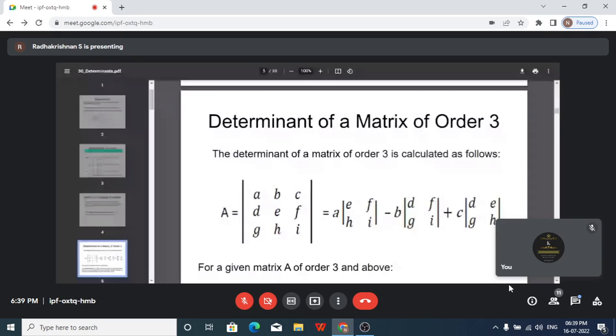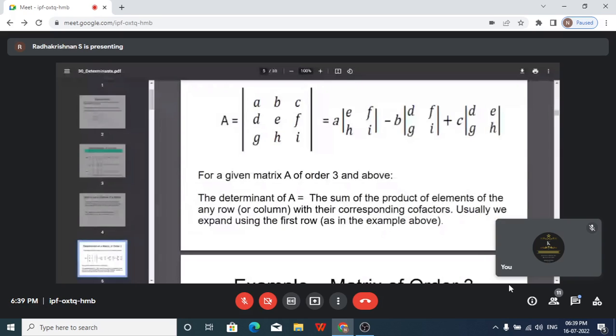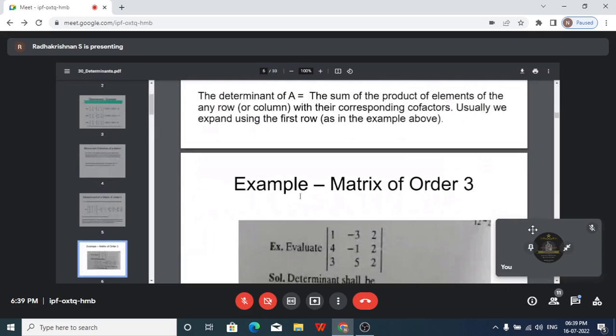Now the sign of any matrix A is equal to the sum of the product of the elements of any row or column with their corresponding cofactors. Okay, so you usually take the top first row. So every element into its cofactor, next element into its cofactor, next element into its cofactor. So that is how you determine the value of a determinant.